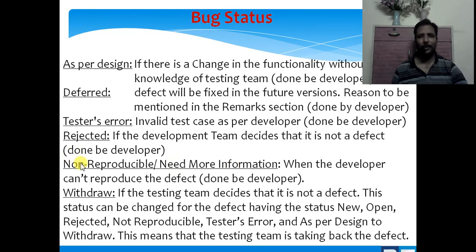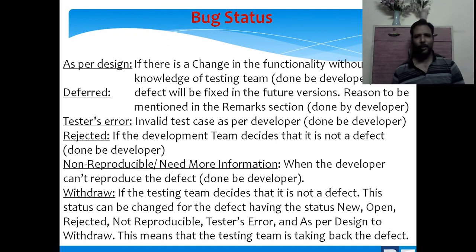This is also one of the statuses, if it is not reproducible. Withdraw: when the withdraw is done, the status is always changed by the test lead. Suppose that it is rejected and we agree that it is really not a defect, then we withdraw it. Or suppose that it is a duplicate defect and we realize that, then also we can withdraw it.